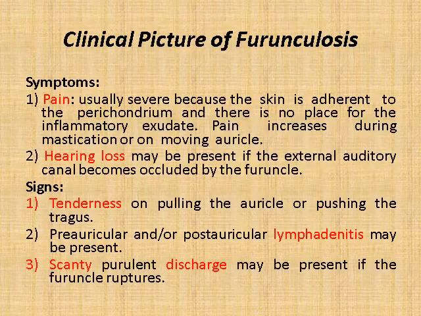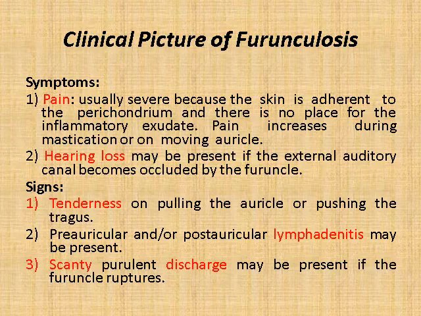Clinical picture of furunculosis, symptoms: severe pain that increases with mastication and on moving the auricle. Why severe pain? Because the skin is adherent, as we earlier said, to the perichondrium, and there is no place for the inflammatory exudate, so it causes severe pain. Another symptom is hearing loss. Hearing loss will only be present in case the external auditory canal is occluded by this furuncle.